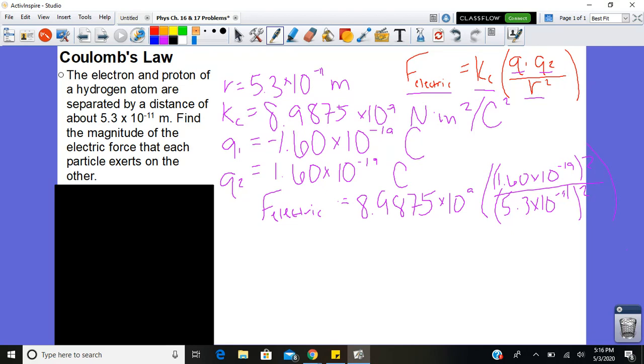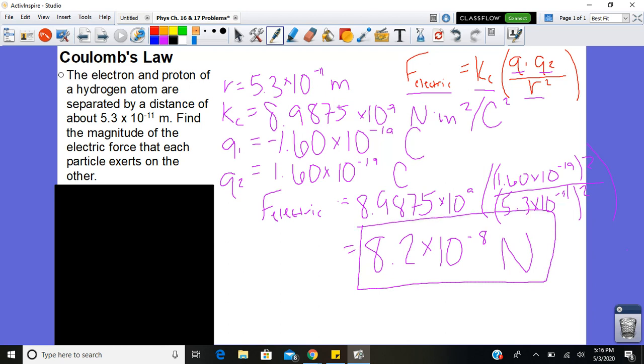And then I just have to plug that in my calculator, and you should end up getting, with sig figs, 8.2 times 10 to the negative 8 newtons. Again, it's a force. All of our units cancel out, so we get newtons.